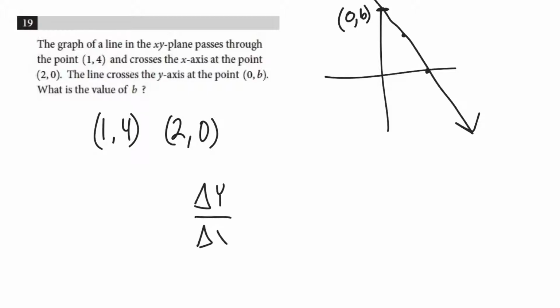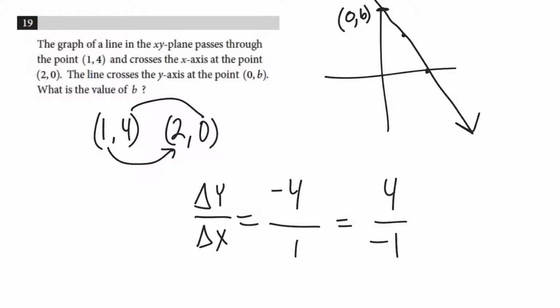over the change in x. In this case, y is changing, well, it's going down 4. x is changing 1. So every time we go to the right 1, we're going down 4. That would hold then that if we go to the left, this is also the same as 4 over negative 1.